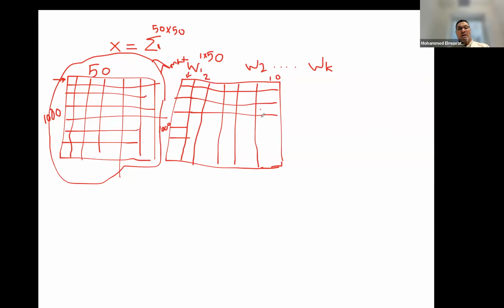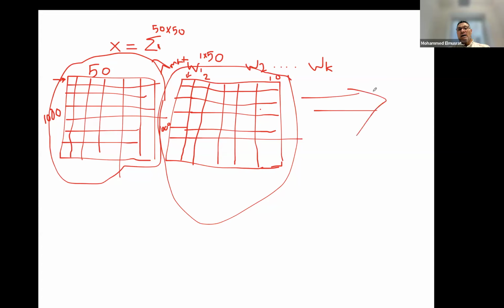So I have now this new matrix. The original matrix is 1000 by 50. The reduced matrix is 1000 by 10. Now I can use this new matrix in our machine learning algorithm.